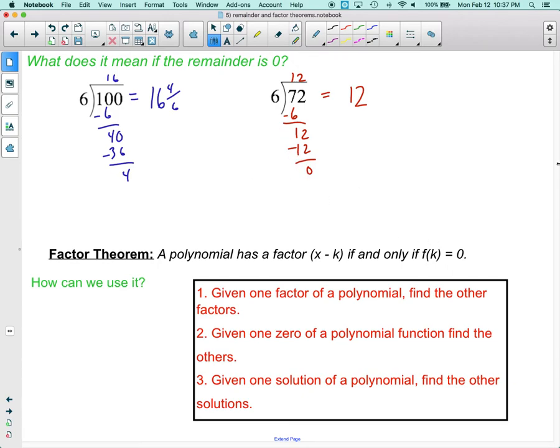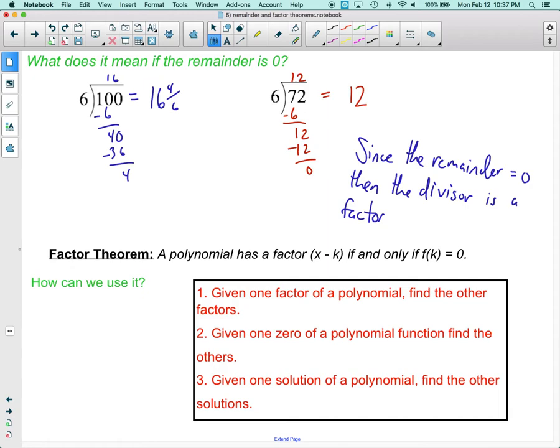What that means is that since the remainder is 0, or there is no remainder, then the divisor, in this case 6, is a factor of the dividend.